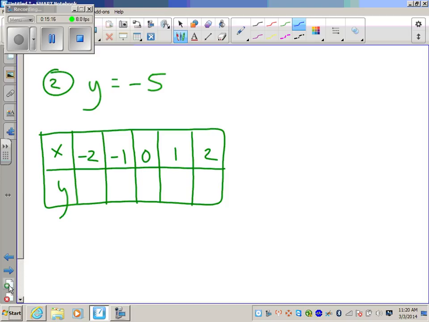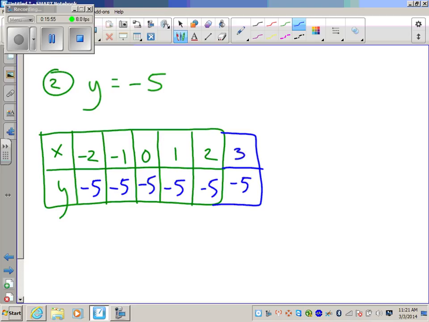So when I see y, what am I going to put there? Negative 5. I see another space for y. What am I going to put there? How about here? I mean, that's what it says. Y is equal to negative 5. So they could care less what x is right now. I can make up whatever I want for x. If I wanted, I could add a 3 for x. What would y be?